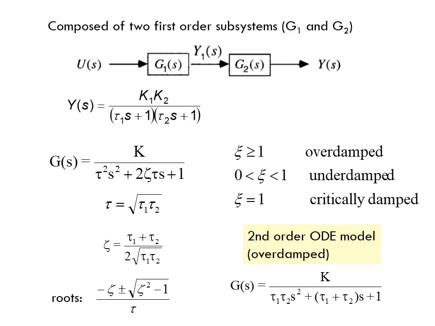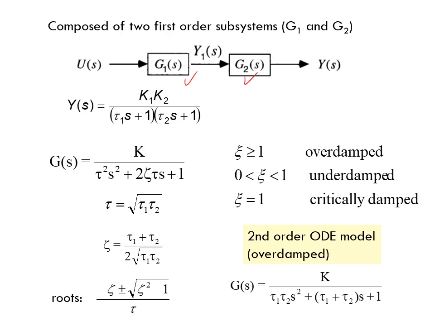First order systems are also important because many higher order systems can be treated as a combination of first order systems in series and parallel, as mentioned before. As shown in the figure, the transfer function of a second order system is composed of two first order subsystems, G1 and G2.